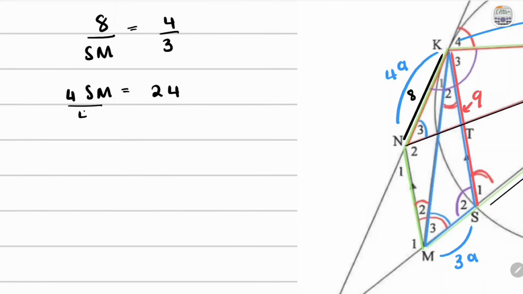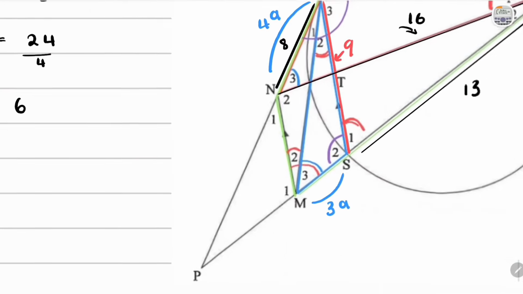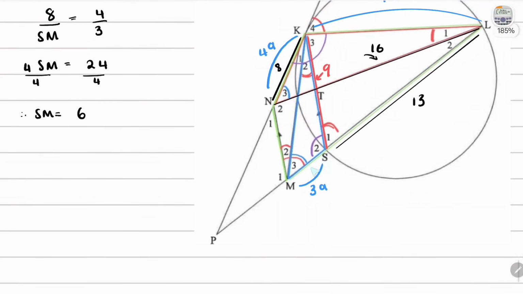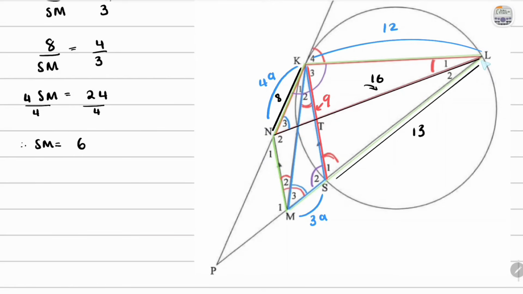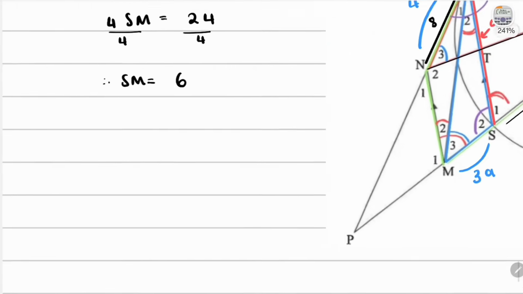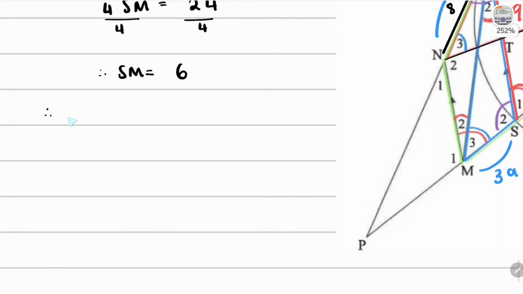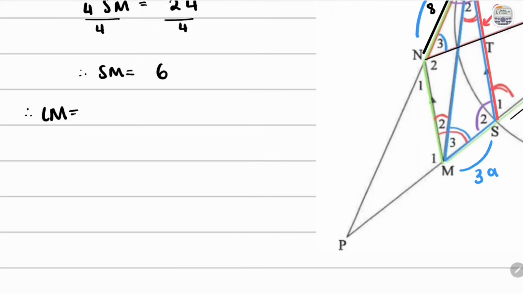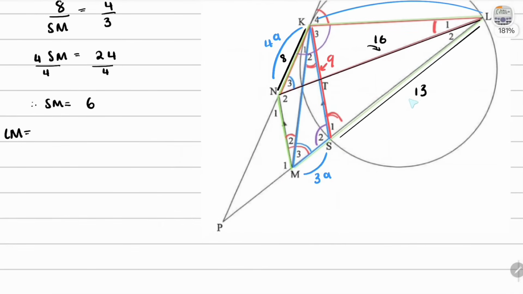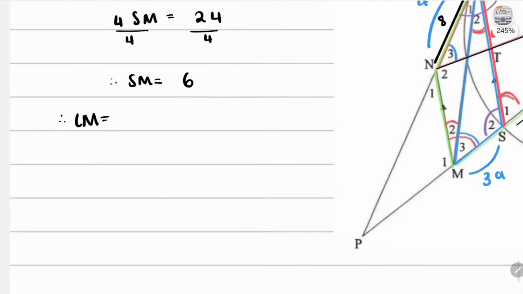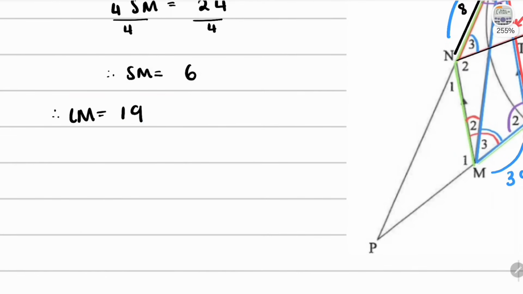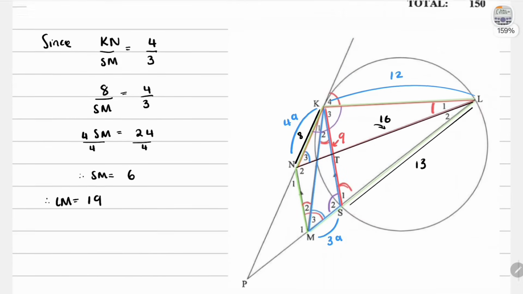If you divide both sides by 4, then SM is equal to 6 units. Now that we know SM, we know the entire length of LM. So LM is equal to 13 plus 6, which is 19 units, and that's going to help us.